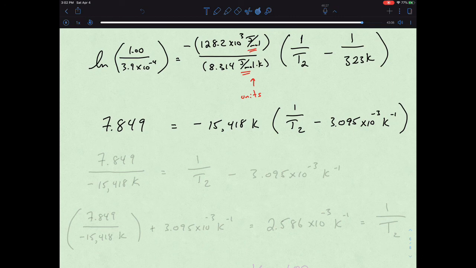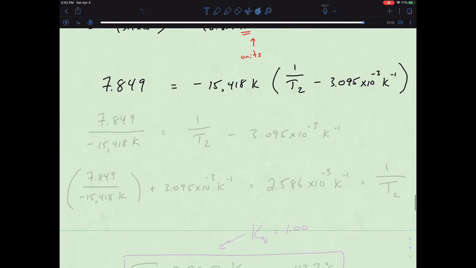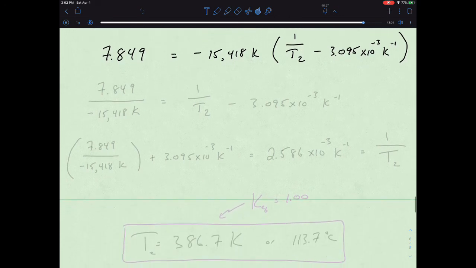And so now what I want to do is just do some distribution, right? I want to bring over, basically, my 15,418. So I've just divided that over.